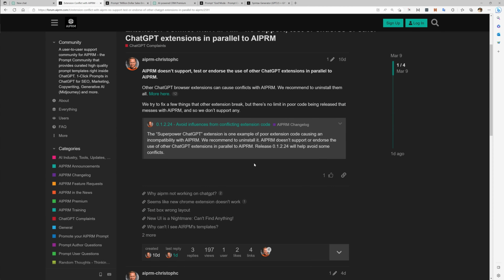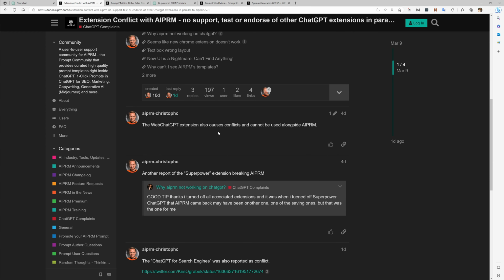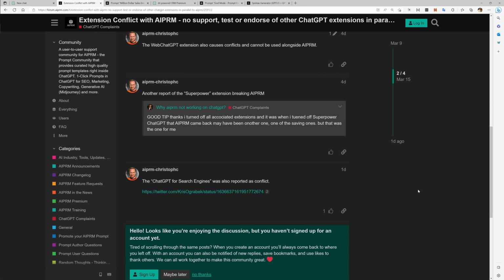There are some low quality software pieces out there where people install multiple ChatGPT browser extensions and they cause all sorts of conflicts because they're built in a, let's say, not mature, not stable way.